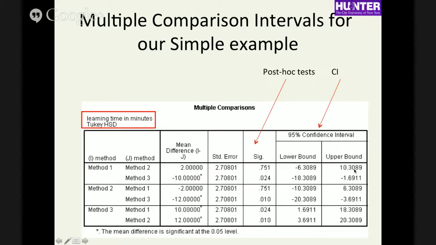So remember, between method 1 and method 3, there was a big difference, and this confidence interval doesn't include 0, and the p-value is less than 0.05. So we would say there's probably a difference between method 1 and method 3. There's also probably a difference between 2 and 3, and then this is just a repetition, 3 and 1, 3 and 2. But where there is not a difference is between method 2 and method 1.